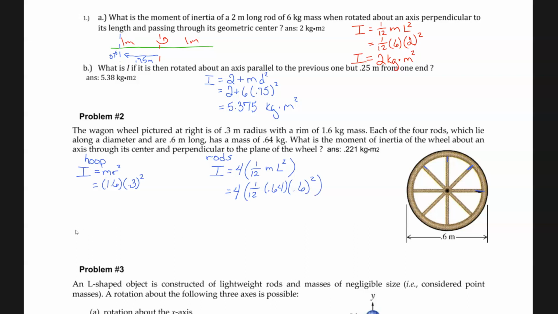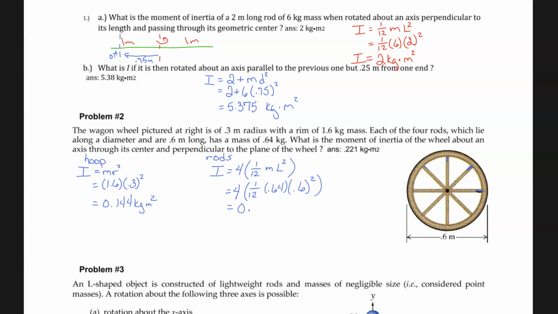So to get the combined moment of inertia for the wheel, I'm going to find the moment of inertia for the hoop. So this I have 0.144 kilograms meters squared. The rod, I have 4 times 1/12 times 0.64 times 0.6 squared.